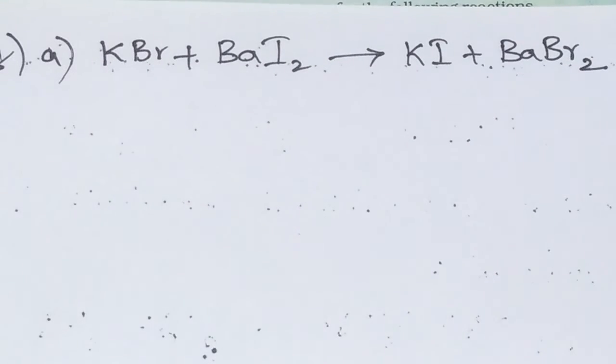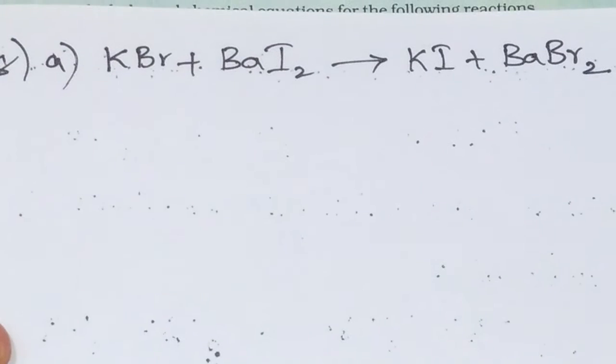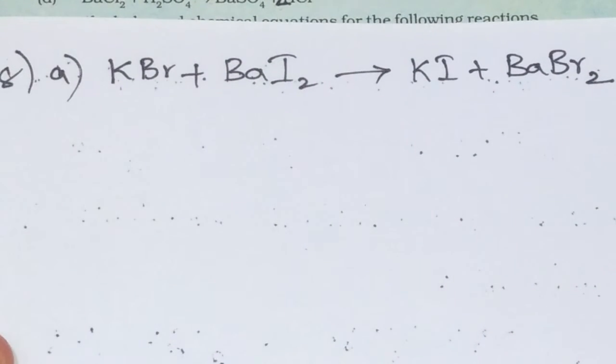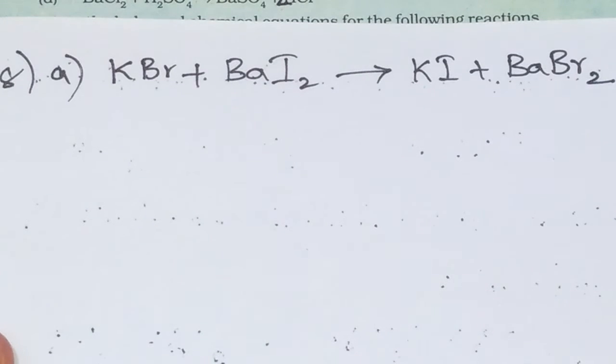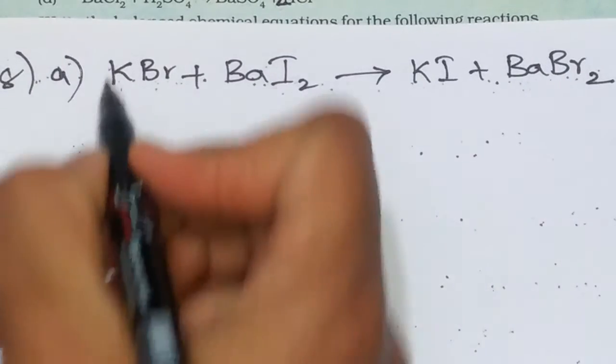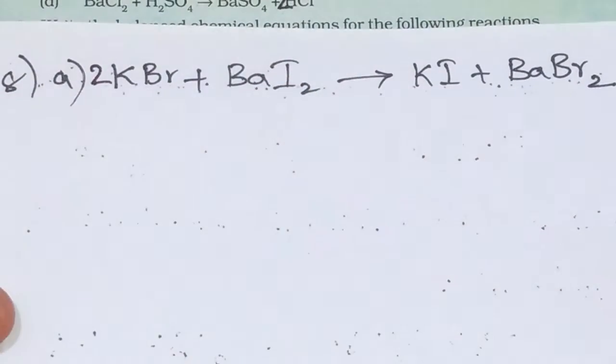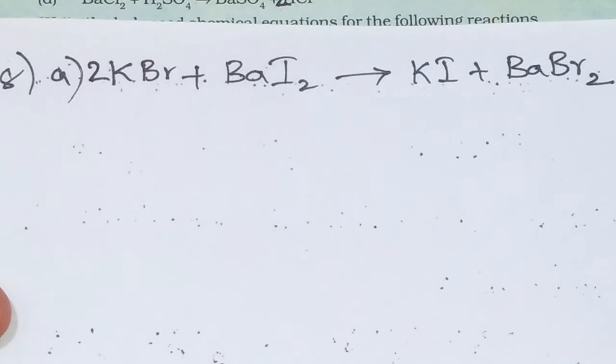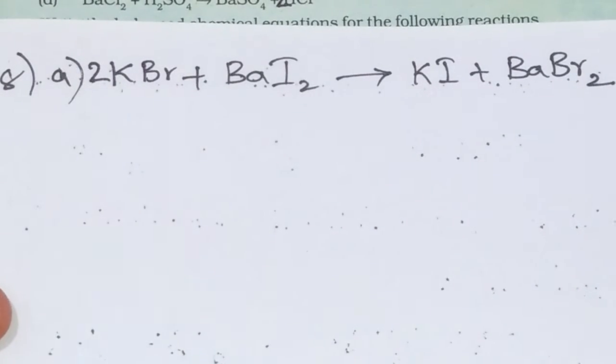Now we have written the chemical equation, which is known as unbalanced equation or skeletal equation. In that we have left side 2 iodines, right side we have only 1. Bromine left side we have 1, but right side 2. So let us balance either bromine or iodine. So let me write 2 before KBr. Then what happens here? Left side and right side bromines are balanced, but potassiums are not balanced.